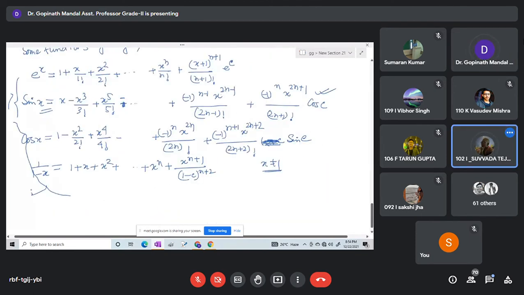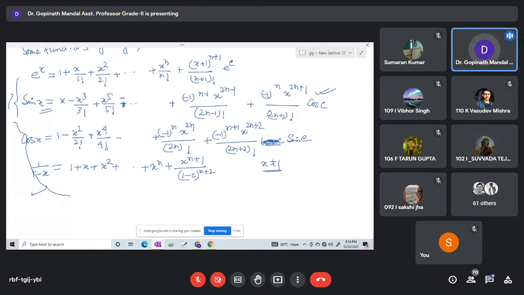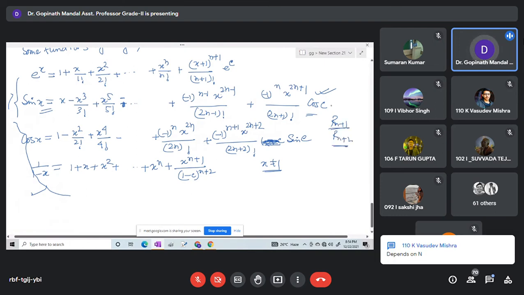Sir, in sin x and cos x expansion, that last term cos c or sin c you can't ignore, sir, because the n plus 1 times derivative may be a sin c or cos c. If we take our remainder term up to n plus 1, this is Rn plus 1. If Rn plus 2 is the remainder, then this will be sin, right?